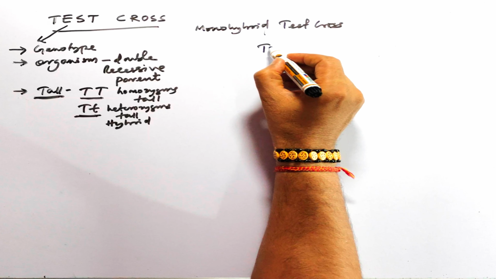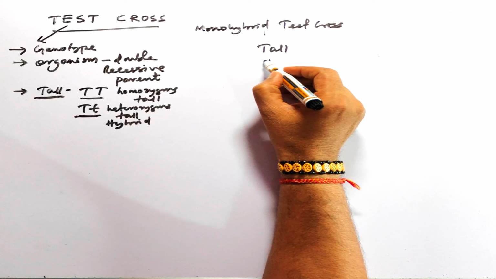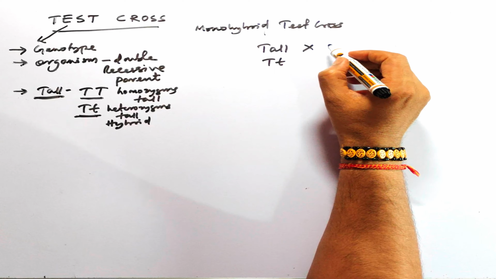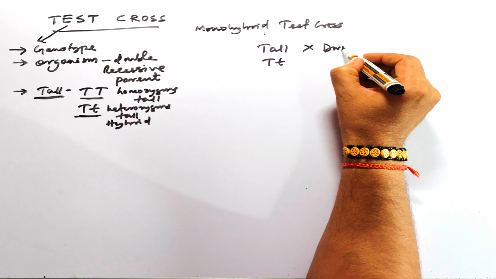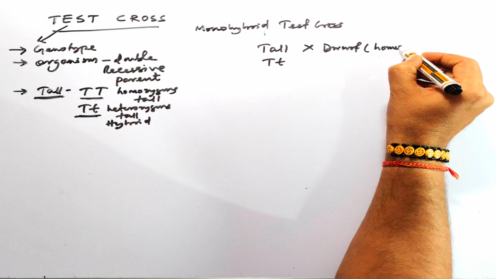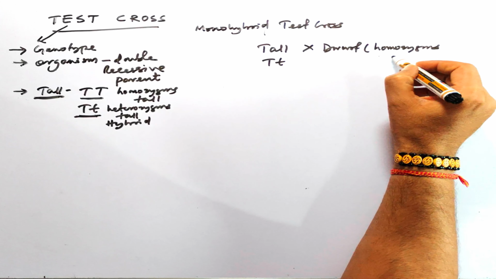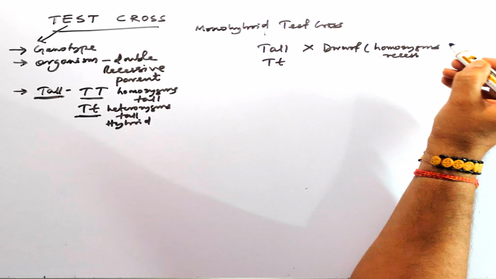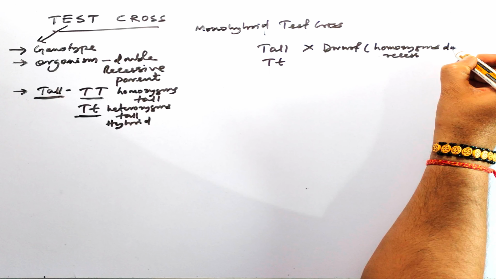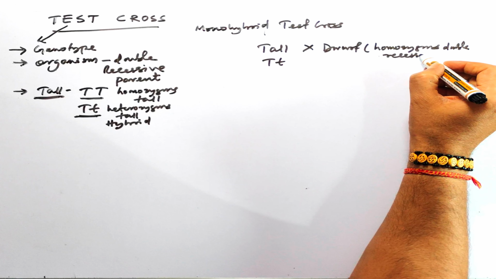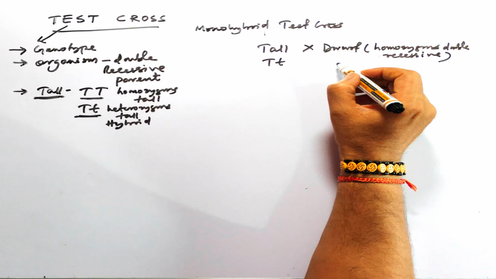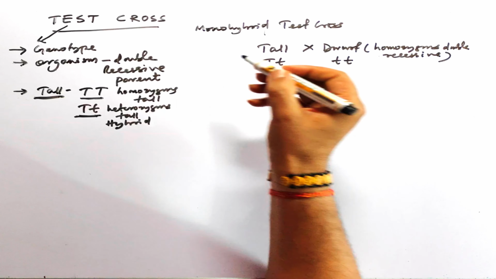A tall plant is taken, capital T small t, and we should take the dwarf one, that is homozygous double recessive, small t and small t.